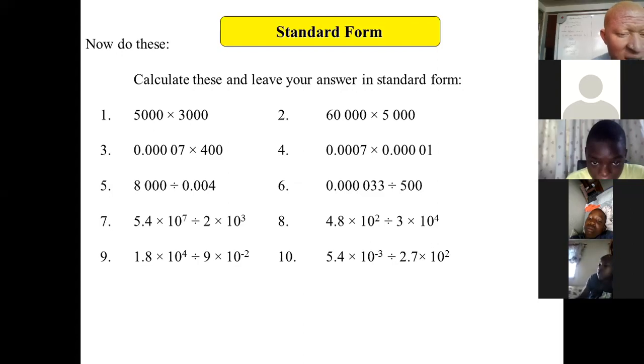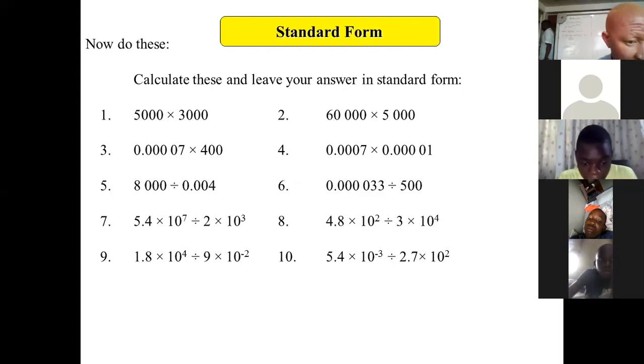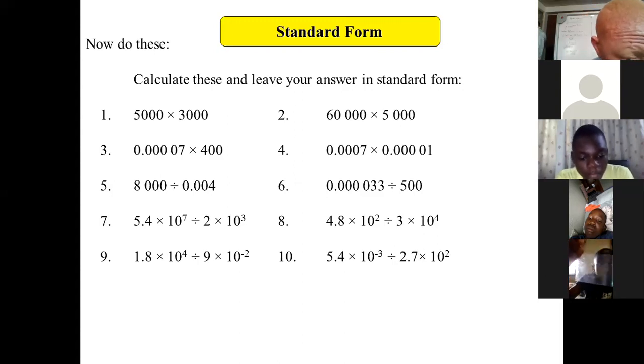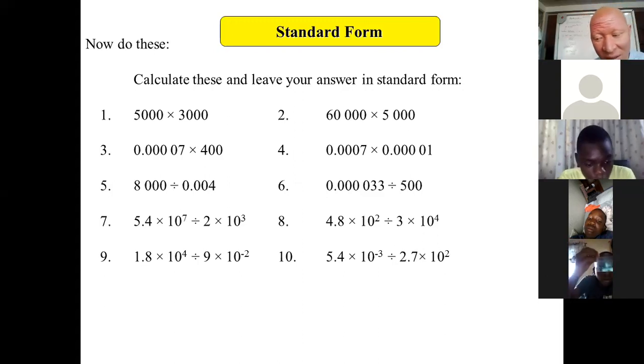And you can see the way it is written. Question number 1 was given as an ordinary number, so the first thing you need to do is convert it to standard form, then multiply, then get your answer back in standard form. So 5,000 will be 5 times 10 raised to power 3, then 3,000 will be 3 times 10 raised to power 3.